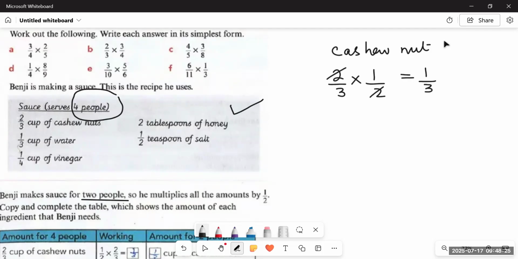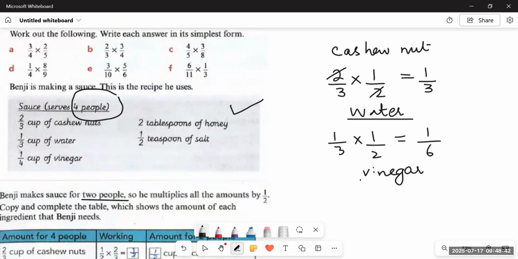Then water, 1/3 cup, multiply by 1 upon 2, it would be 1 ones are 1, 3 twos are 6. Then vinegar, 1 upon 4, multiply by 1 upon 2, 1 ones are 1, 4 twos are 8.